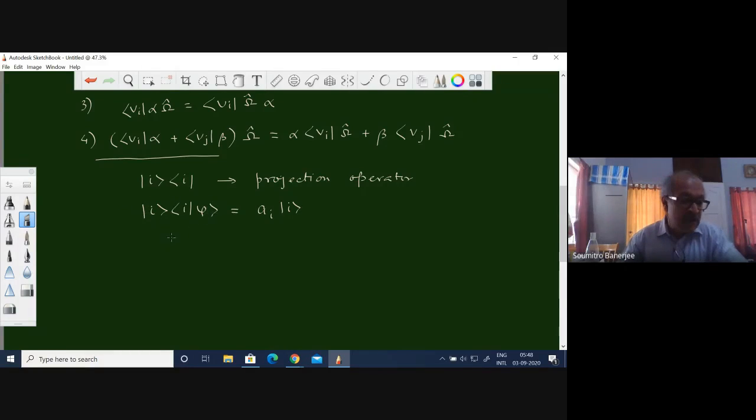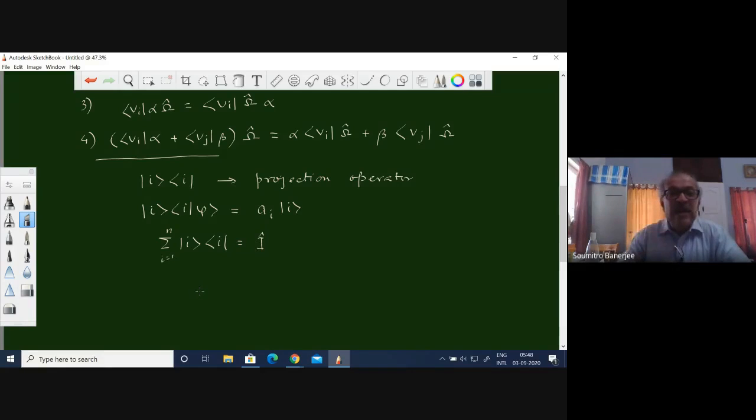So we have obtained the result that if you sum over i from 1 to n, if there are n of them, then this is actually the identity operator. Why? Because that was seen in the last class. That essentially sums up all the different components, effectively giving the vector back. So it is the identity operator.